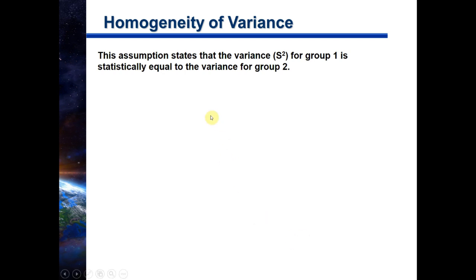So, what does HOV state? It states that the variance for group 1 is going to be statistically equal to the variance for group 2. All right, so if we were to calculate variance for group 1, variance for group 2, and run Levene's test on those two variances, they should be equal, which means that Levene's test will be not significant.